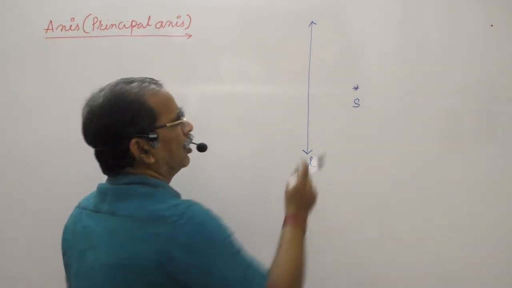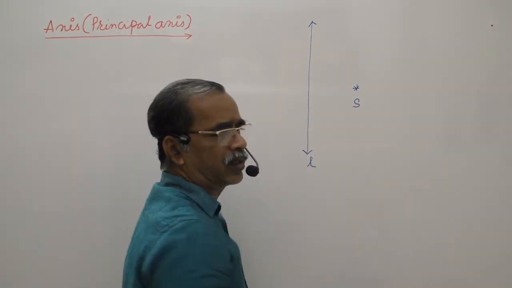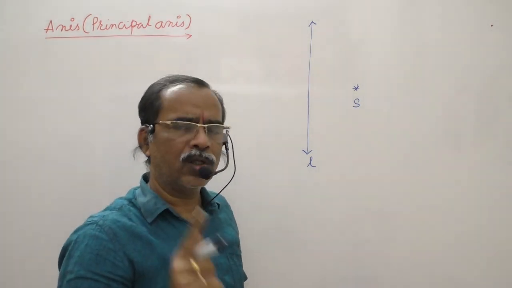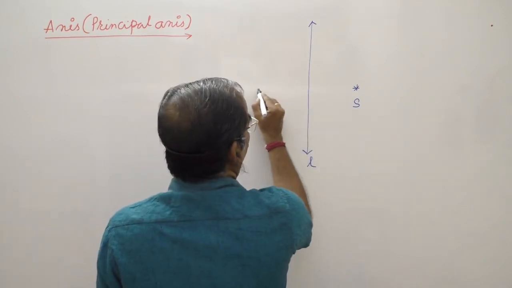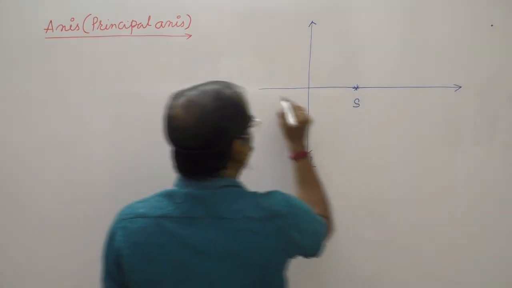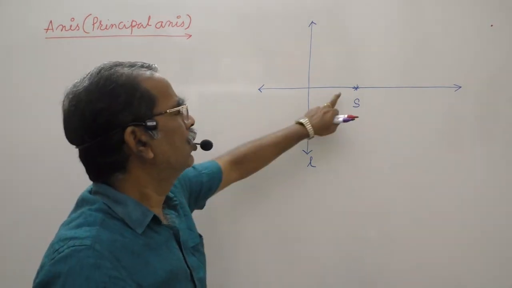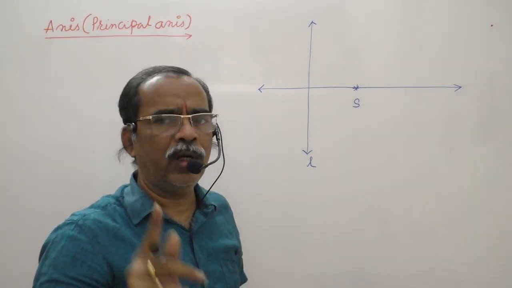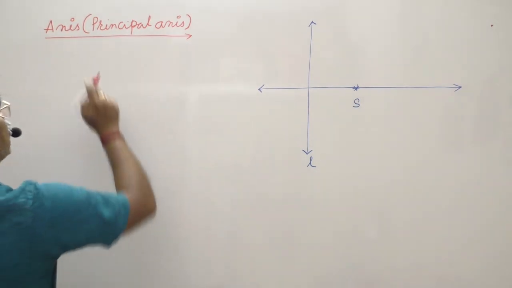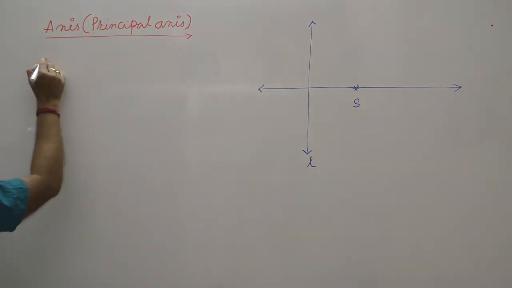The axis is a line passing through the focus perpendicular to the directrix. This can be any line, not necessarily the x-axis. It is actually the principal axis, but simply we say axis.